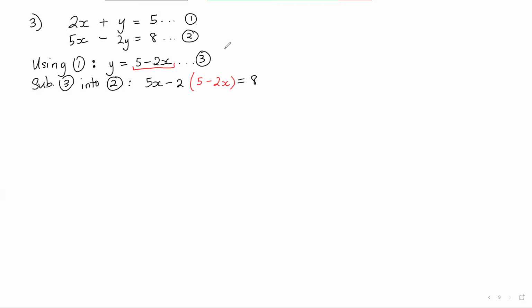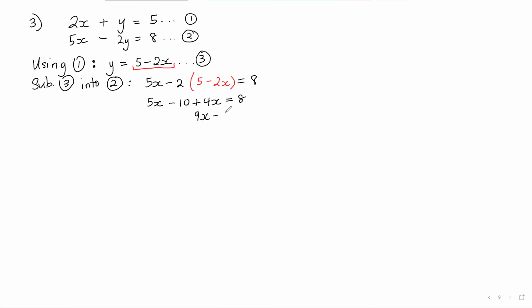Now I remove my brackets, I simplify, and I solve for x. So this will be 5x minus 2 times 5 is minus 10. Minus 2 times minus 2x will be plus 4x. And all of that is equal to 8. So 5x plus 4x is 9x.